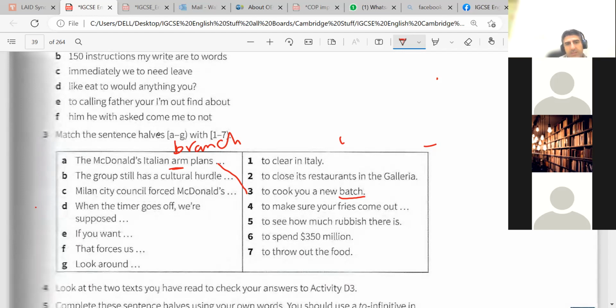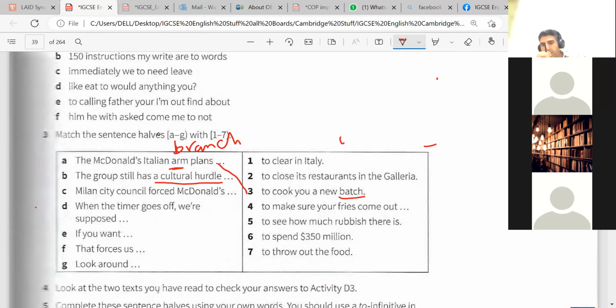The group still has a cultural hurdle. What does cultural hurdle mean?